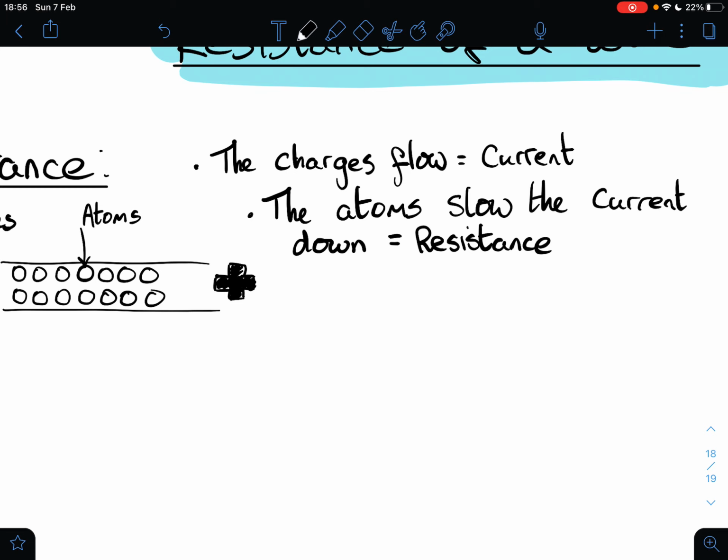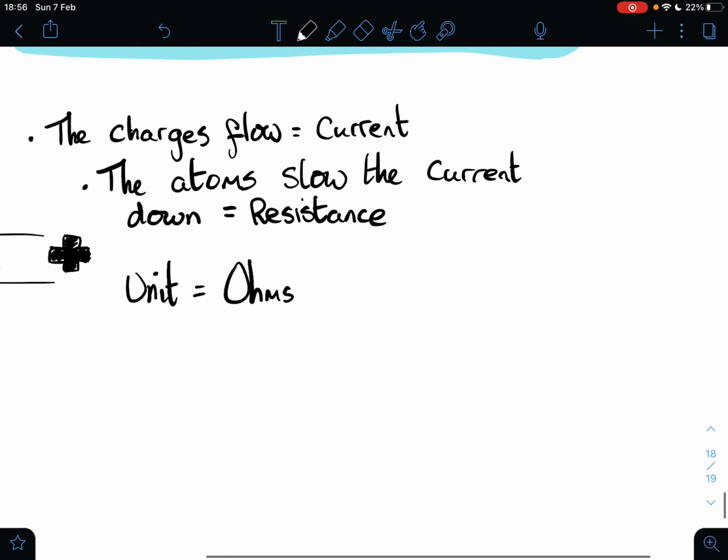Now, the chap who figured this out was called Ohm. So he gave the unit as ohms. Now, you've got a problem here. If you write the number down, say this had a resistance of 5 ohms, we can't do what Newton and Joule do. We can't write his first letter of his name, because all of a sudden everything looks 10 times too big.